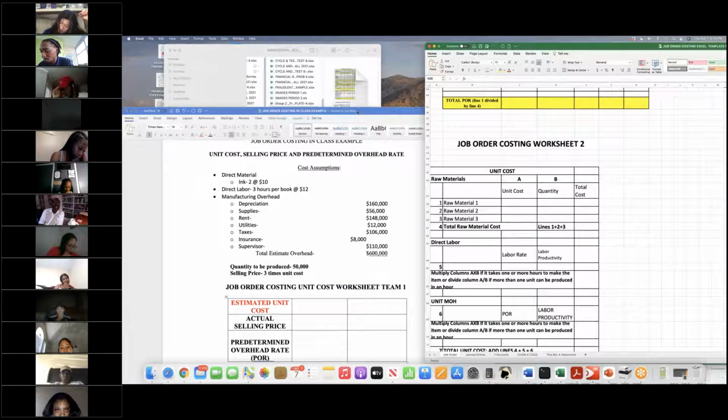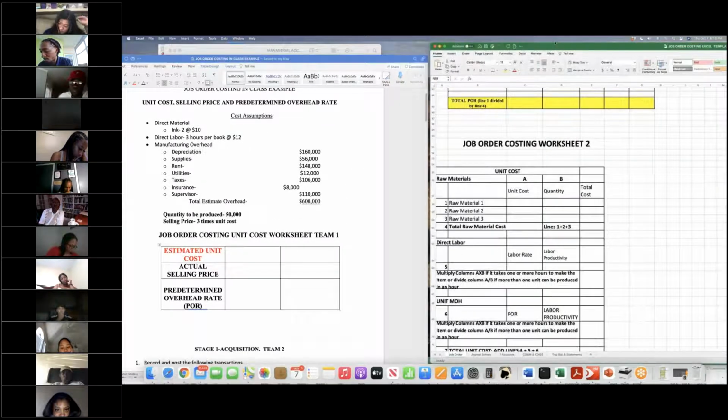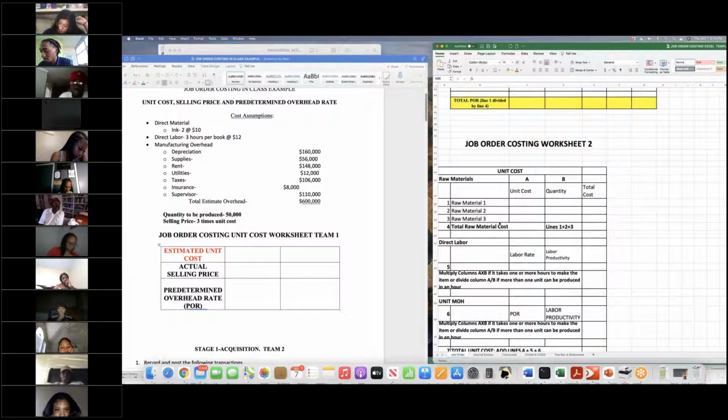If we were doing the simple template, we had one raw material. The unit cost was 10. Quantity was 2. So what was our raw material cost in this example? Was that 20?